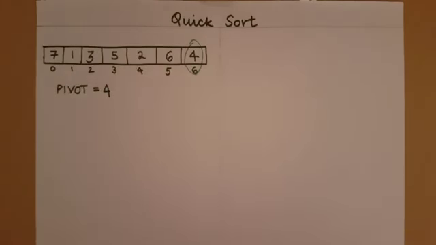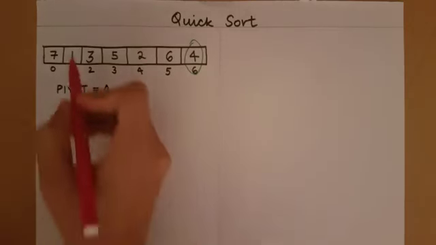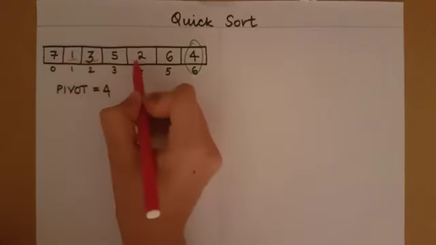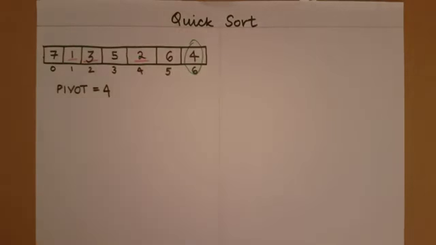Next, what we'll do is we're going to rearrange the array in such a way that 4 comes into its correct position. What does that mean? All elements which are less than 4 should come to its left, and all elements greater than 4 to its right. So let's see. 1, 3, 2. These are the elements less than 4.